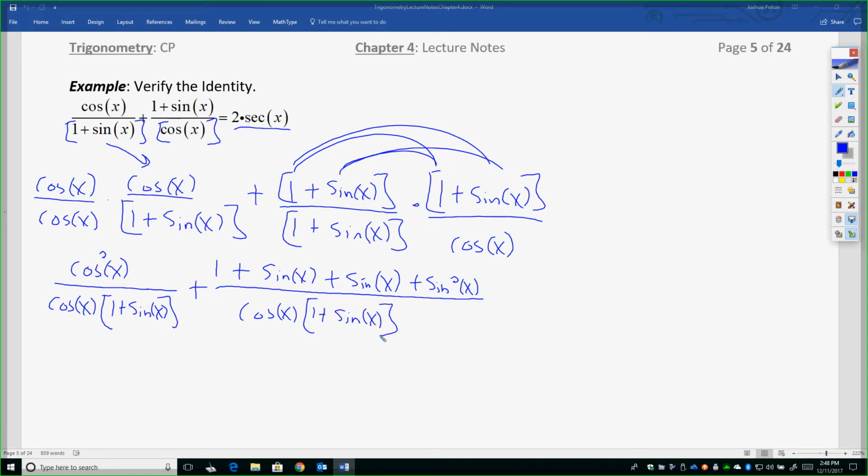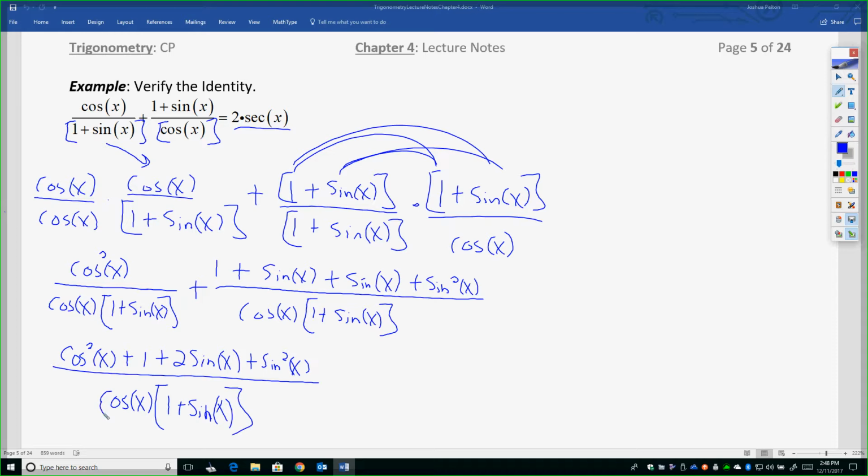Okay, so we can combine the tops now, and we get cosine squared plus 1 plus 2 sine of x plus sine squared of x over our cosine of x, 1 plus sine of x.